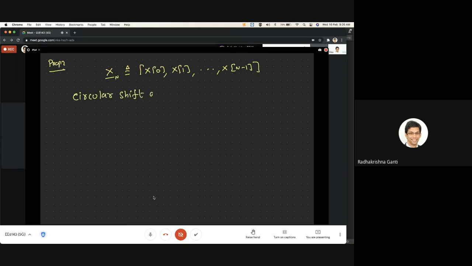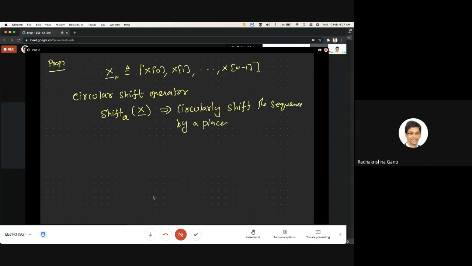When I say shift a of x, it means you circularly shift the sequence by a places.